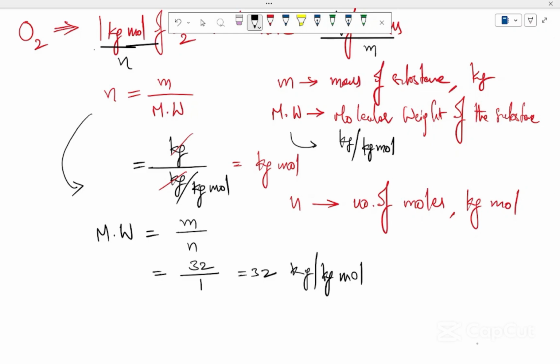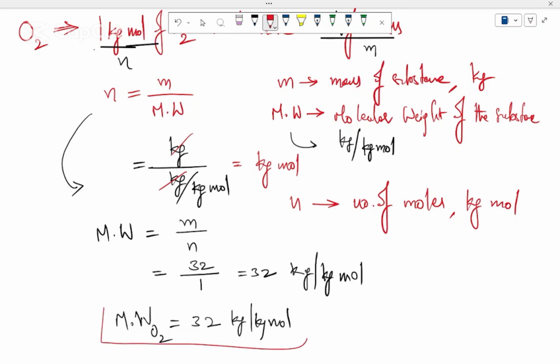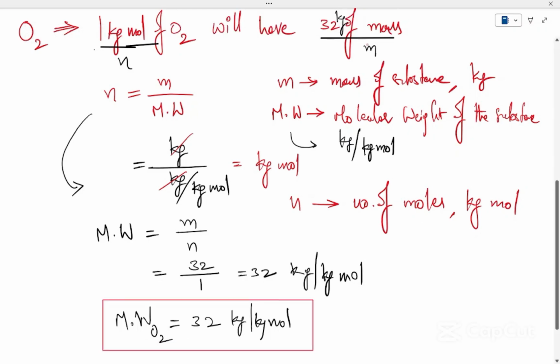So the molecular weight of oxygen is 32 kg per kg mole. So how did I get this molecular weight of oxygen as 32 kg per kg mole?